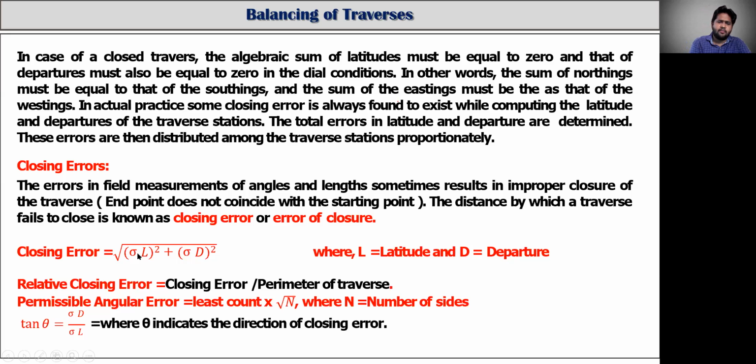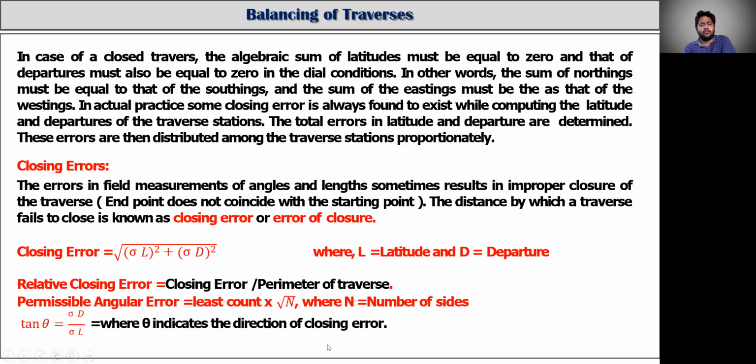The closing error is the square root of the sum of latitudes squared plus the sum of departures squared. The permissible angle error equals least count into root of n, where n equals the number of sides.